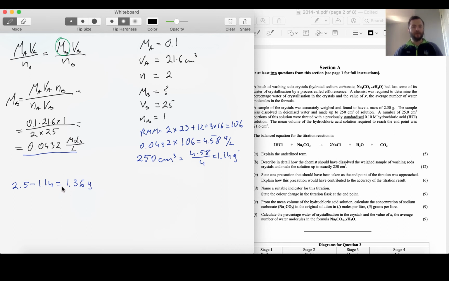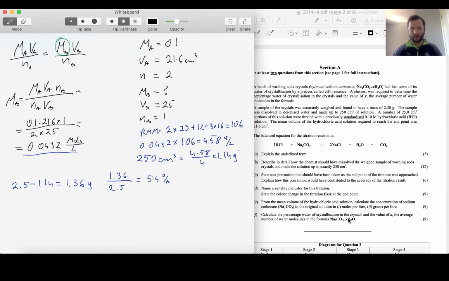So 250 cubic centimeters contain 1.36 grams of water, and if I wanted to express this as a percentage, all I need to do is express the mass of water, which is 1.36, over the total mass of the sample, which is 2.5. That is equal to 54%. So this allowed me to find the percentage of water.